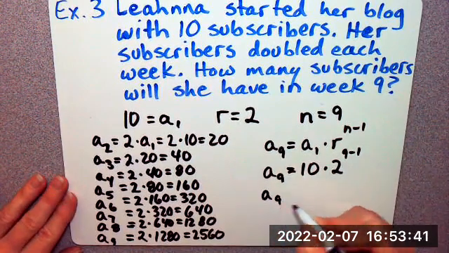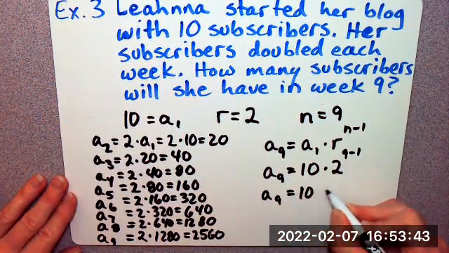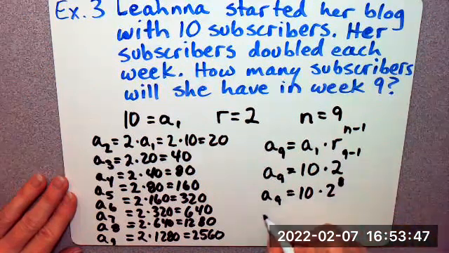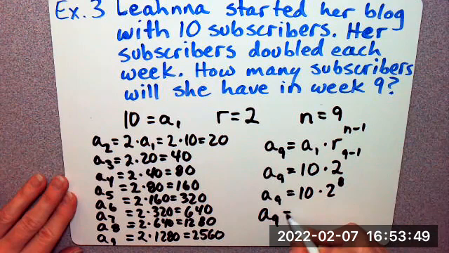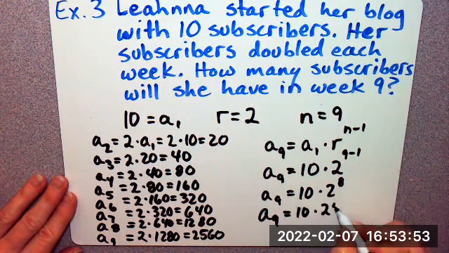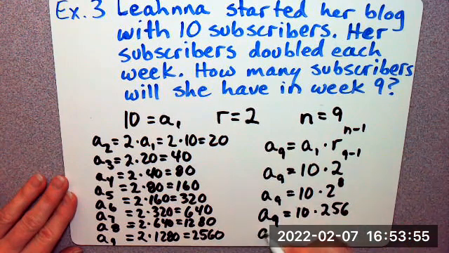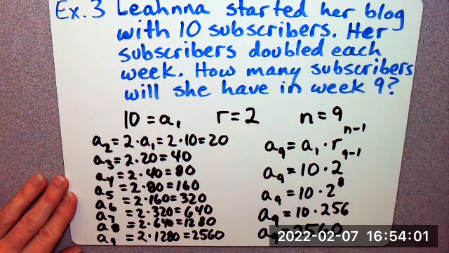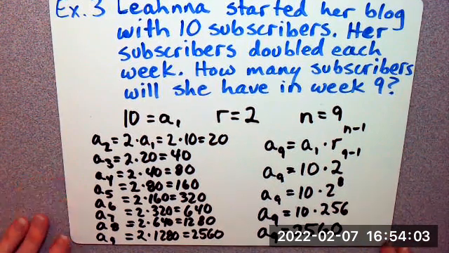So A9 then equals 10 times 2 to the 8th, and 2 to the 8th happens to be 256. And then when we multiply that by 10, we get 2,560, which is the same, okay?